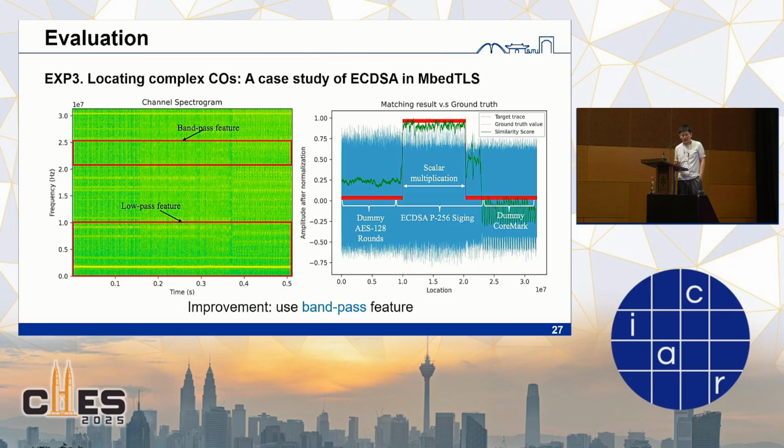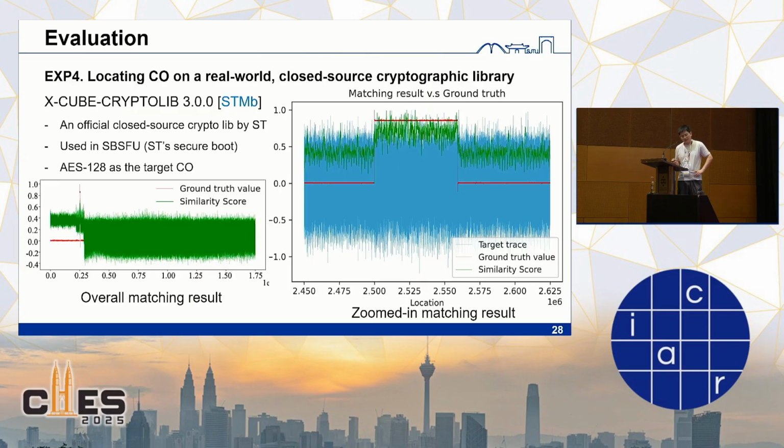But in the older evaluation, we only used low band pass features. So we moved to a band pass filter, and we extracted those new features as the template, and we can get the correct results as shown in the right figure.